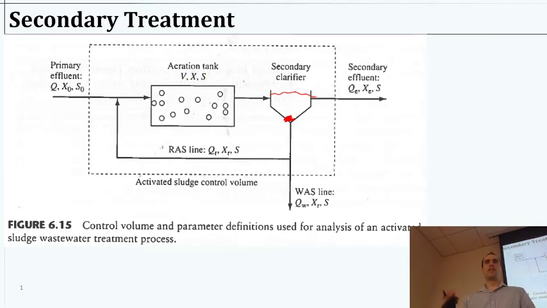For the bacteria, it's kind of like an estimation. So for this clarifier, we say that it's perfect at removing the bacteria. That's a typical assumption, meaning our bacteria in the effluent, the secondary effluent here, should be 0. That's by mass, and so maybe that kind of makes sense.